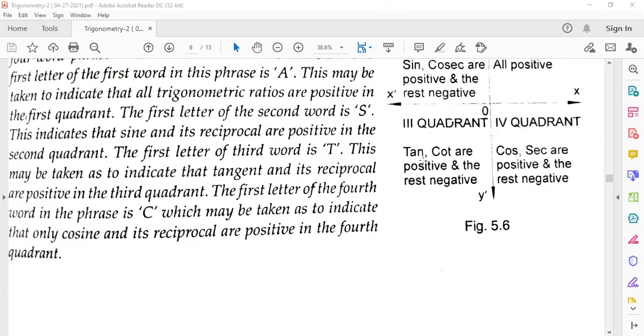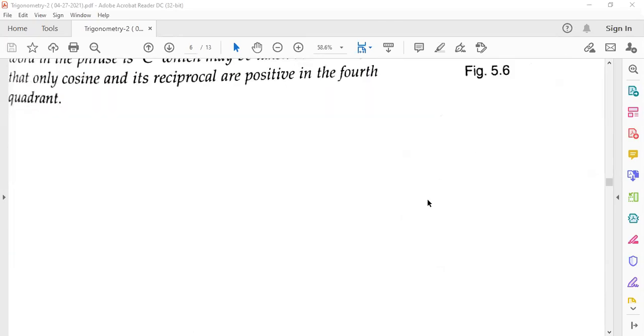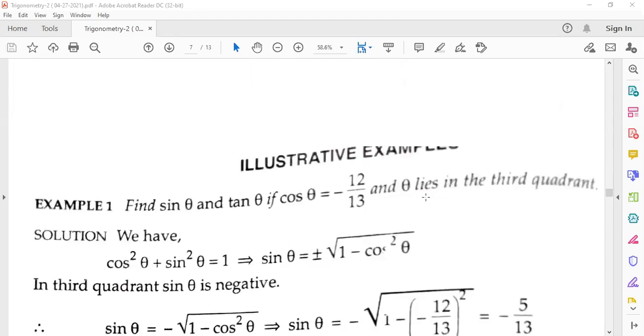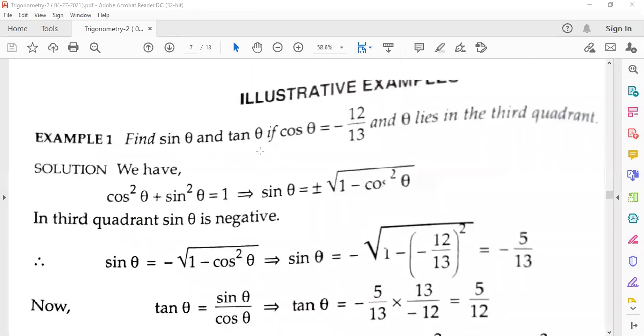Theta lies in the third quadrant, that means tan and cot will be positive. Otherwise all will be negative. So we have to find the value of sine theta and tan theta. Cos theta is given minus 12 by 13. As theta lies in the third quadrant, except tan and cot, all are negative. So cos theta is negative.